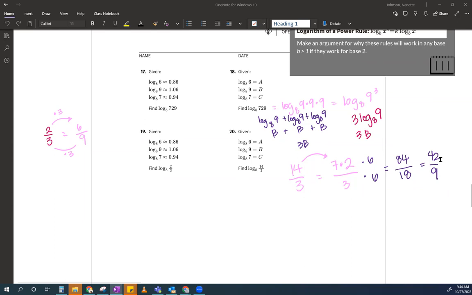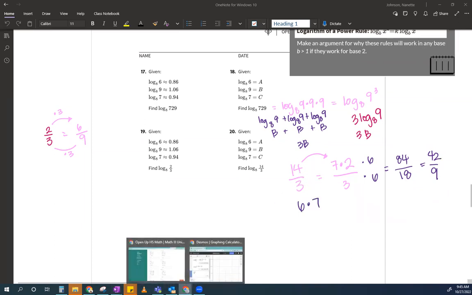You guys are like, what do you mean, do you like the 42? Yeah, because 42 is just 6 times 7. So all of that playing got me 6 times 7 divided by 9 is the same as 14 thirds.